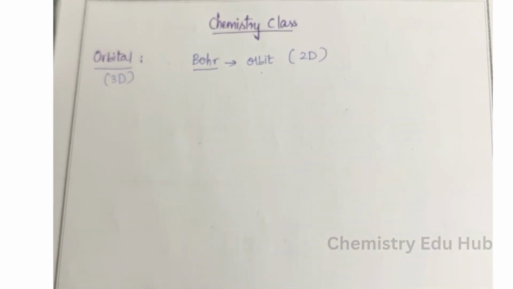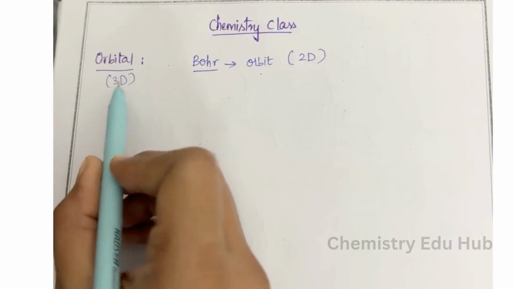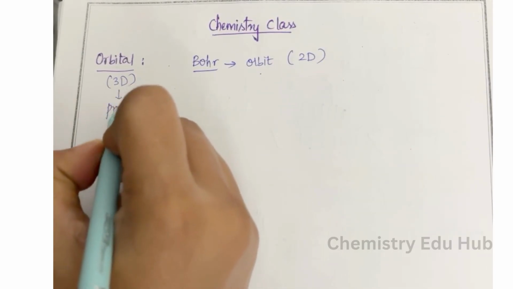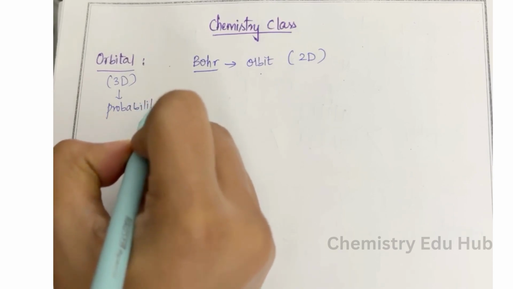So mainly this orbital concept is obtained from probability concept, because what is an orbital?